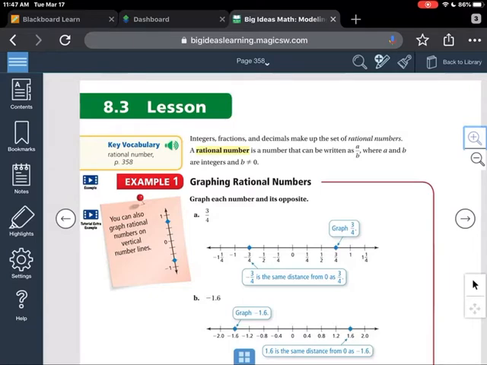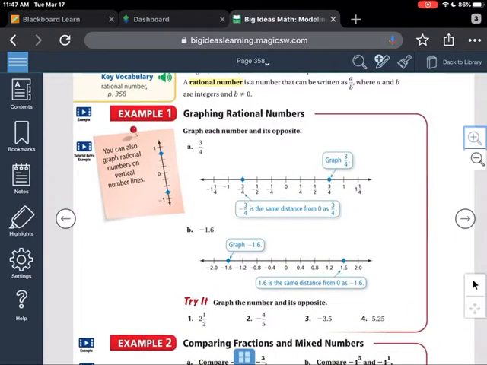So 3/4 plus 3/4 would give us the total distance. They actually talk about distance right here in B, and in A. Sorry. So distance is important when you're thinking about negative numbers.